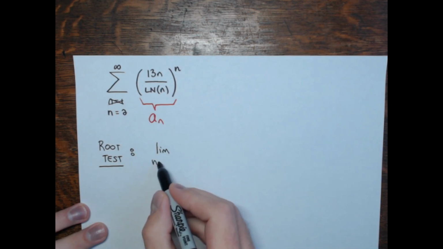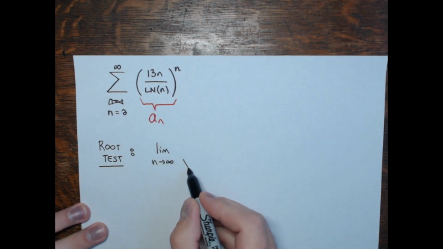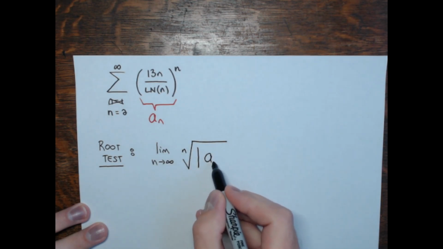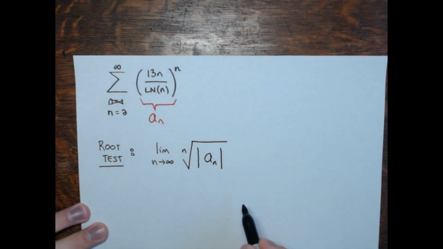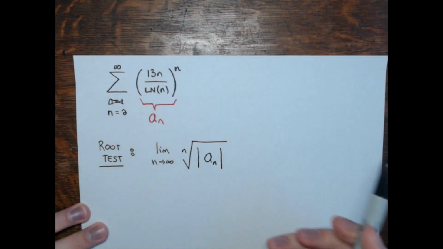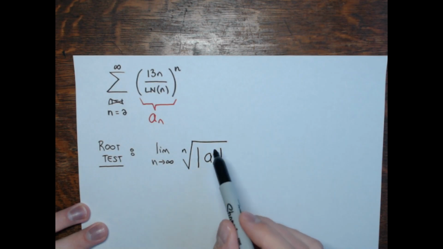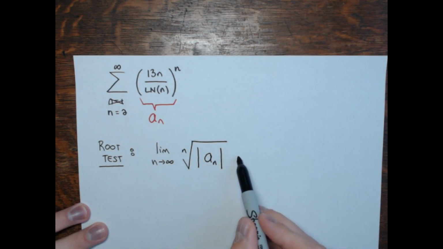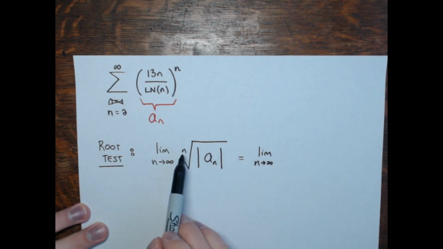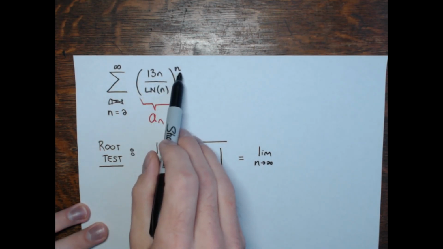So I take the limit as n approaches infinity of the nth root of the absolute value of our terms, which from 2 onward would all be positive, so I really don't need the absolute value here. So this will be the limit as n approaches infinity of the nth root of this expression to the nth power.